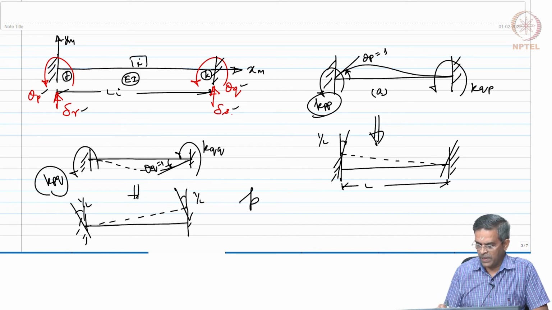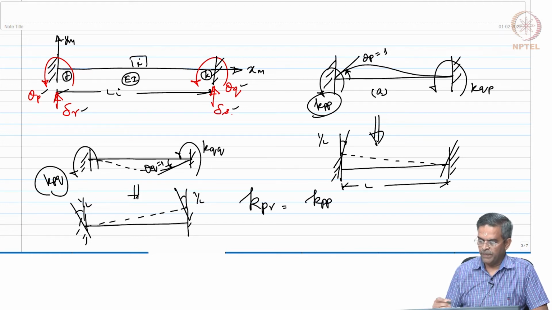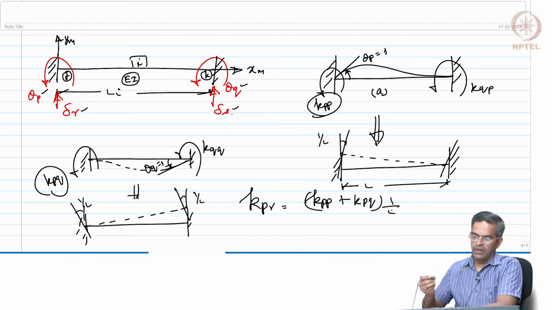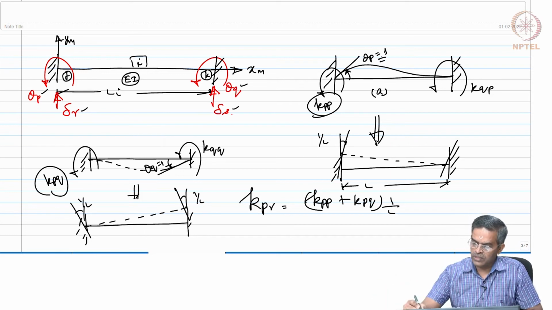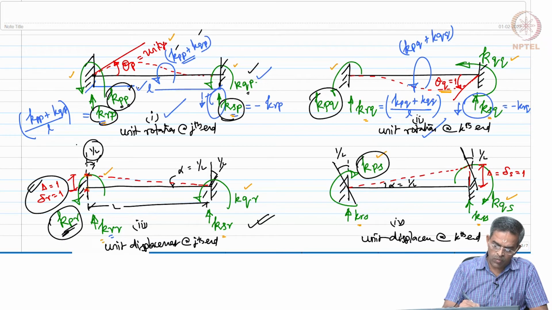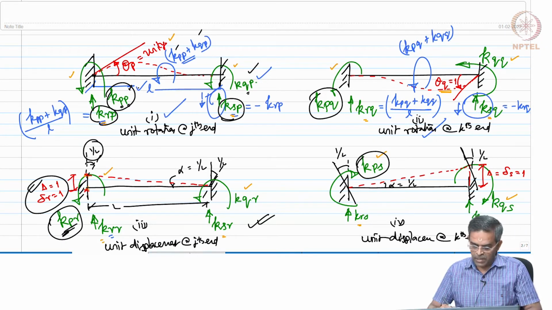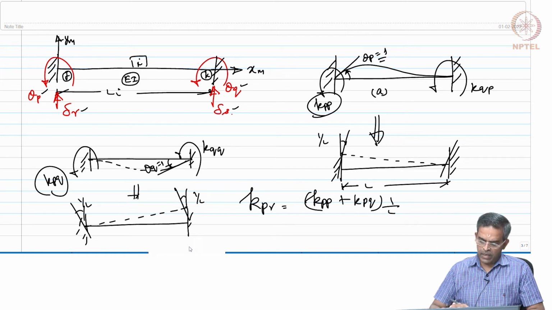So, I am writing KPR as KPP plus KPQ into 1 by L. Why 1 by L? KPP and KPQ are the moments for unit rotation, whereas KPR is the moment for 1 by L rotation. So, I am multiplying this with 1 by L. Okay. So, I can write KPR.